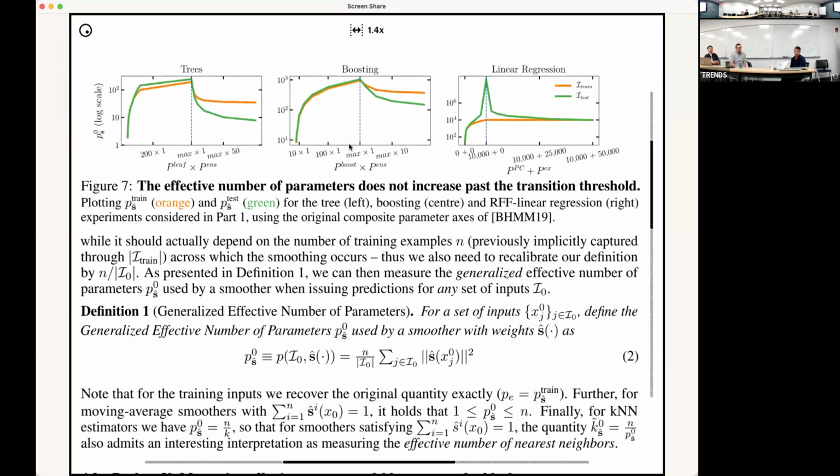So the peak or spike on the last graph happens at the dotted transition threshold, and that's when you saturate the effective number of parameters. The effective number of parameters is fixed for all of those smoothers.